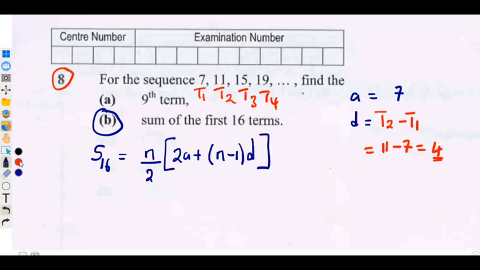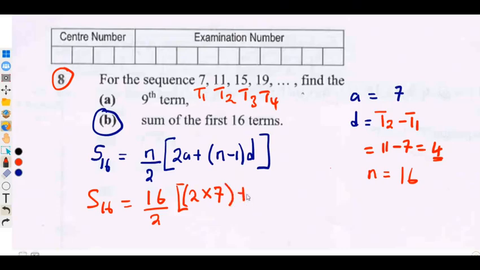Okay, so you must know this formula. So sum of 16 terms is equal to, n is the position of the term. In this case, n is equal to how many terms? 16. So where there is n, you put a 16 over 2. Then 2 times where there is a, you put the first term, which is 7, plus n is 16 minus 1, then times the common difference which is 4. Okay, so I do hope that you are following.